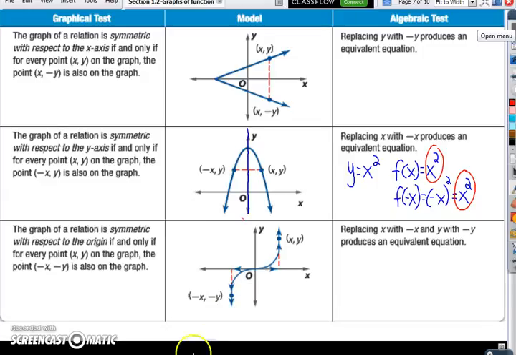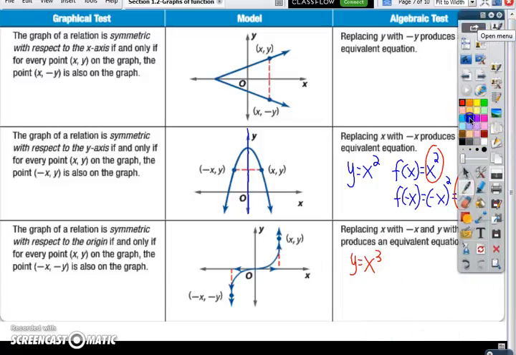And last but certainly not least, symmetric with respect to the origin, if and only if this happens. Replacing x with a negative x and y with a negative y produces an equivalent equation. An example being y equals x cubed. This is what this function shows right here. Let's replace x with a negative x and y with a negative y.